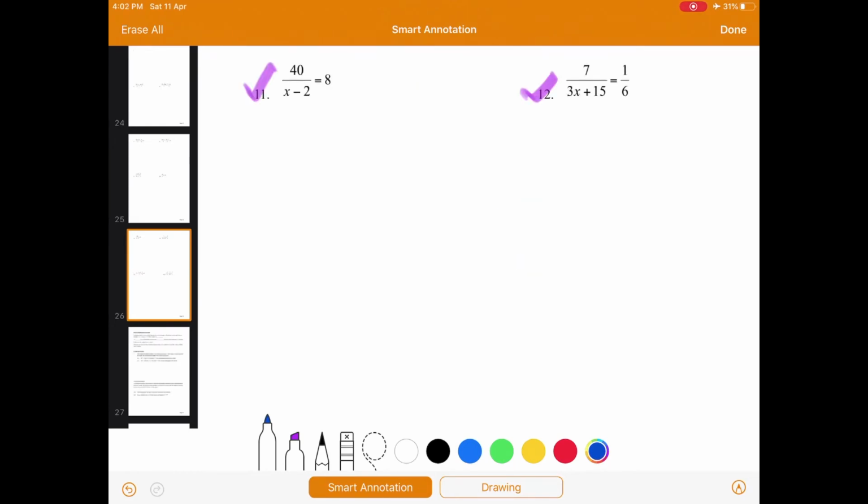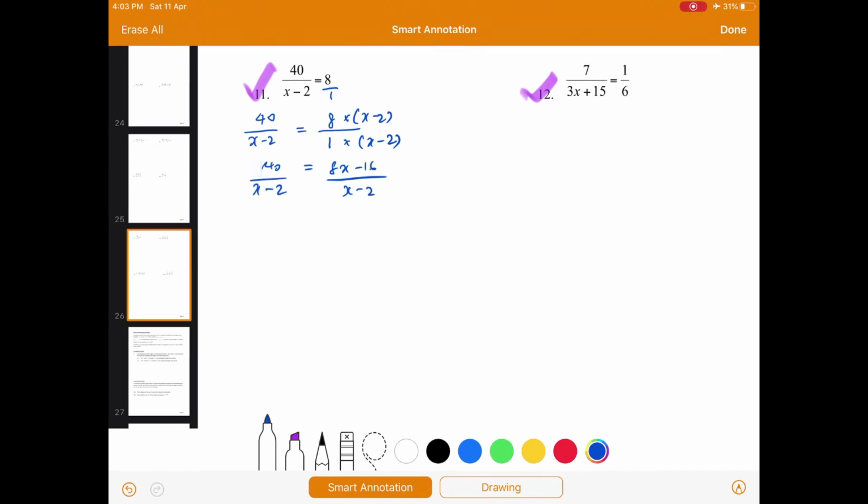Question 11. We can use the same method as before. So this means that I have to multiply the right hand side by x minus 2 for the numerator and the denominator, so that both fractions will have the same denominator. So on the right hand side I will have 8x minus 16 over x minus 2.